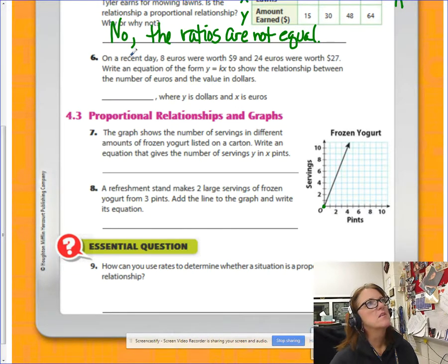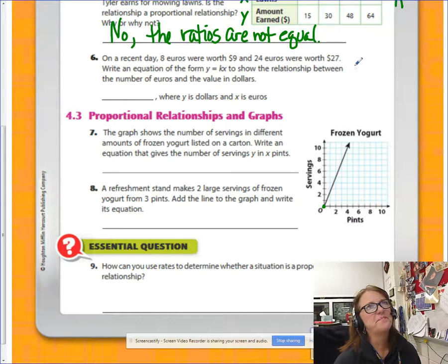On a recent day, 8 euros were worth $9. 24 euros were worth $27. Write an equation of the form y equals kx to show the relationship of the number of euros and the value in dollars, where y equals the dollars, x is the euros.